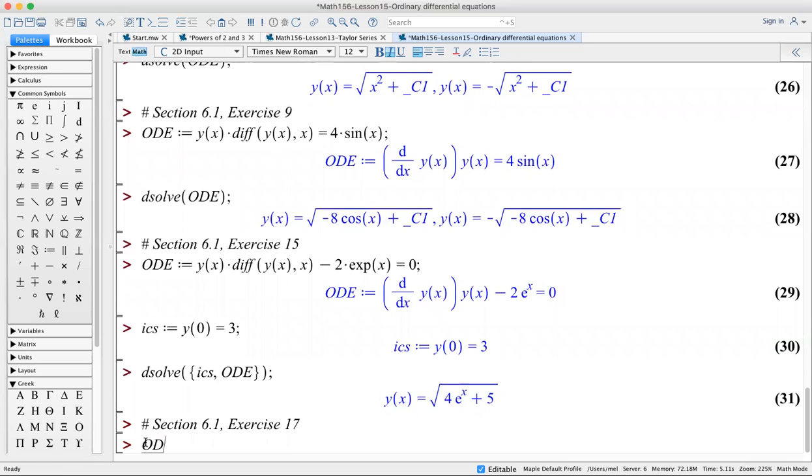So let the ODE be y of x times x plus 1 plus the derivative equals 0.